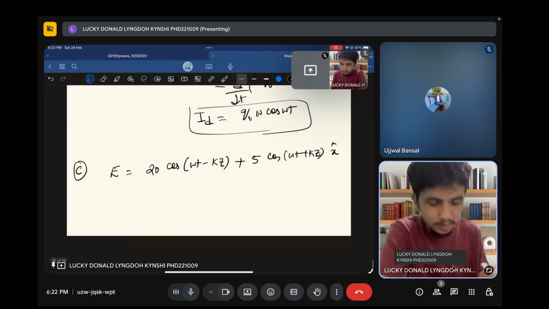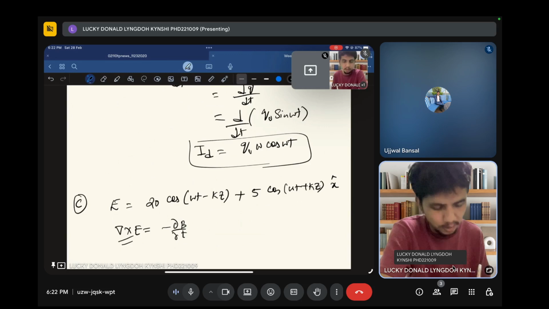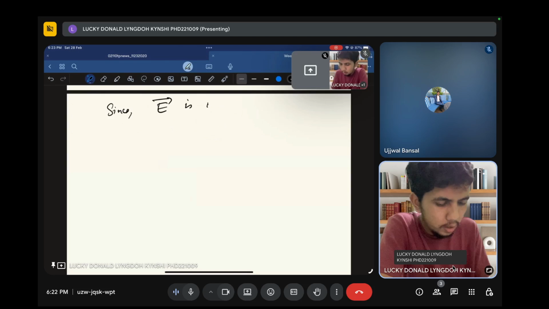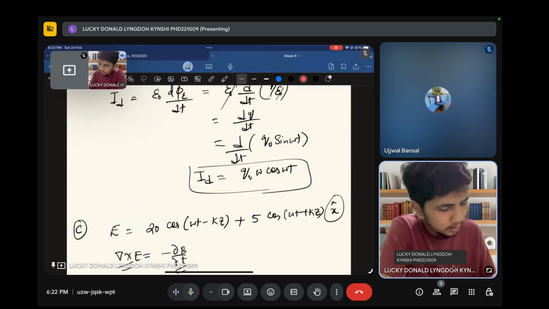From Maxwell's equation, you have del cross E equal to minus del B by del t. You can calculate the curl of E, and you can easily calculate the magnetic field. Since the electric field is only along x, given along the x cap direction, which is along the x axis.